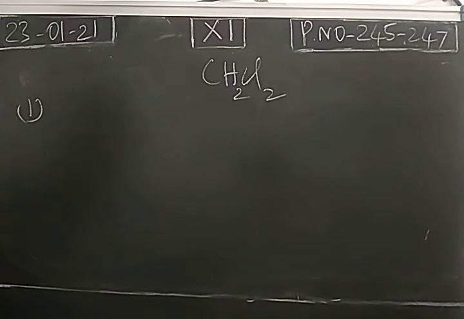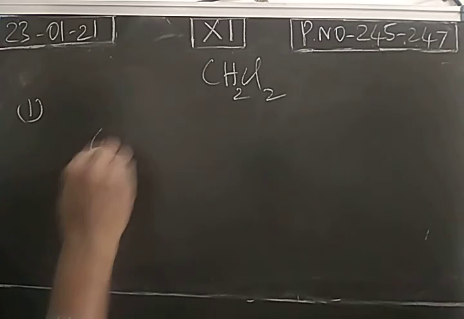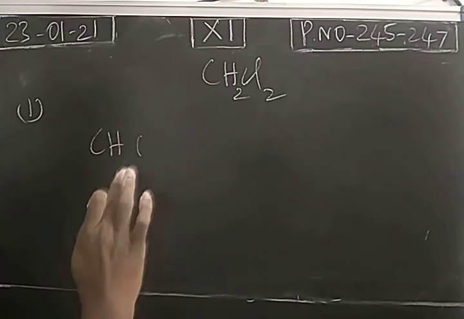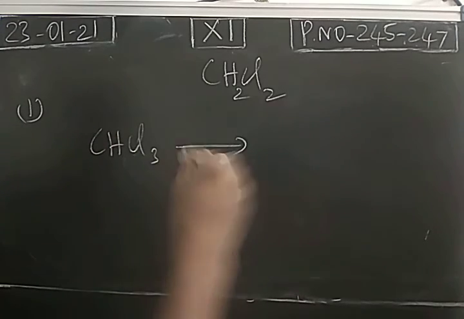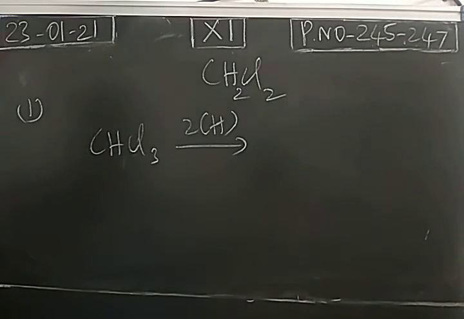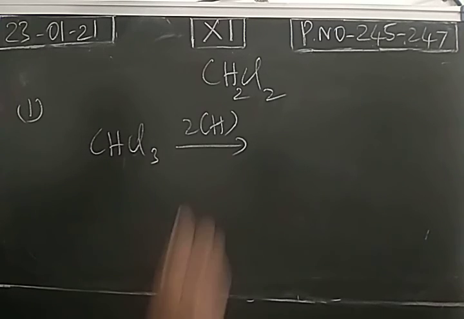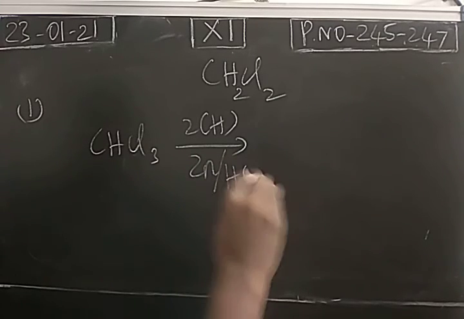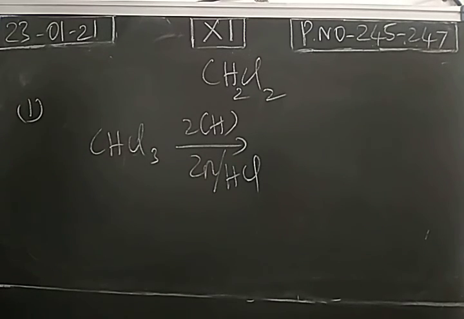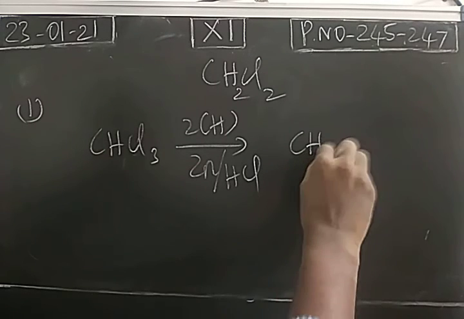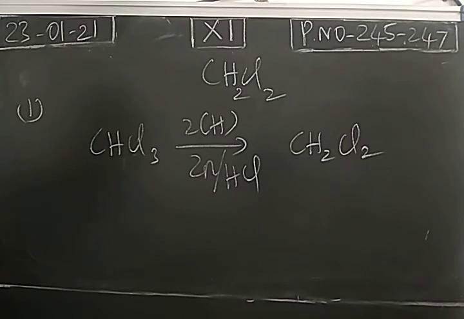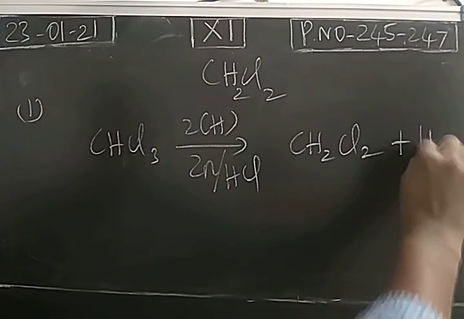First one, reduction method. We can reduce chloroform. Chloroform can be reduced using the reducing agent zinc and hydrochloric acid. We will get methylene chloride with the liberation of hydrogen chloride.